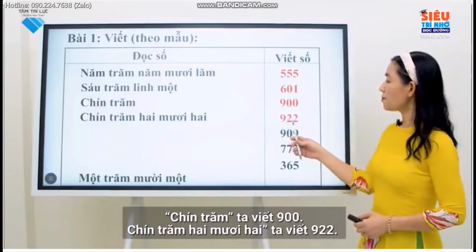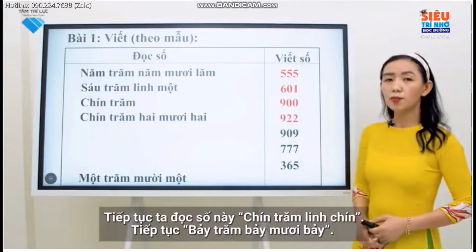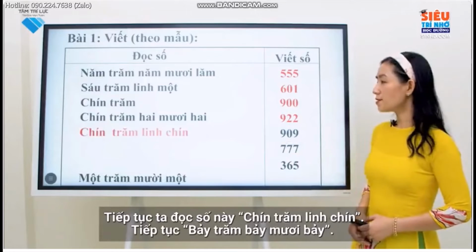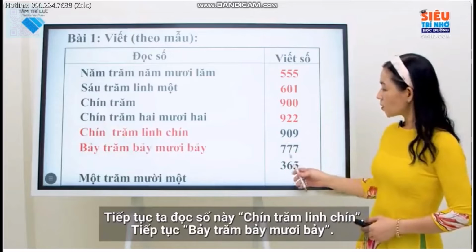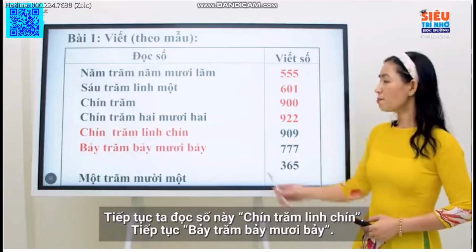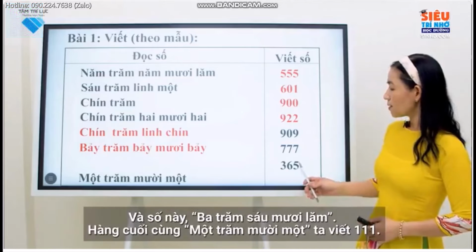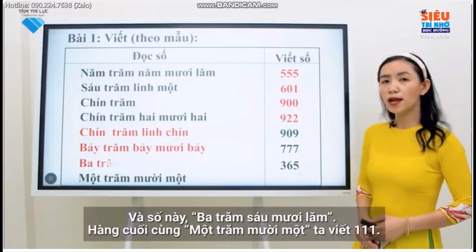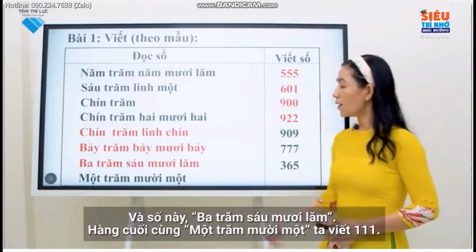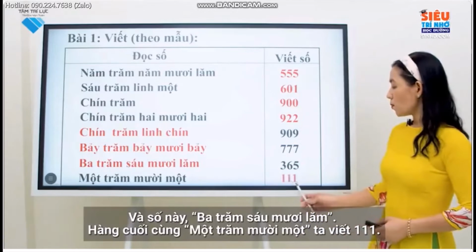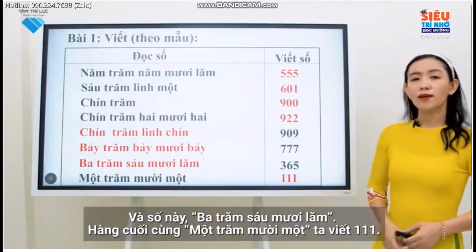We write 922. Continue with this number. 909. 777. And this number, 365. The last line, 111, we write 111.